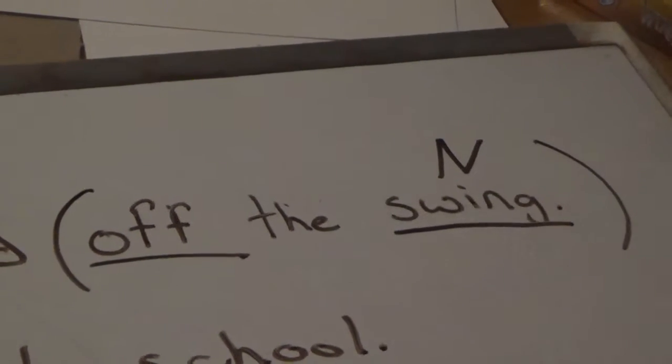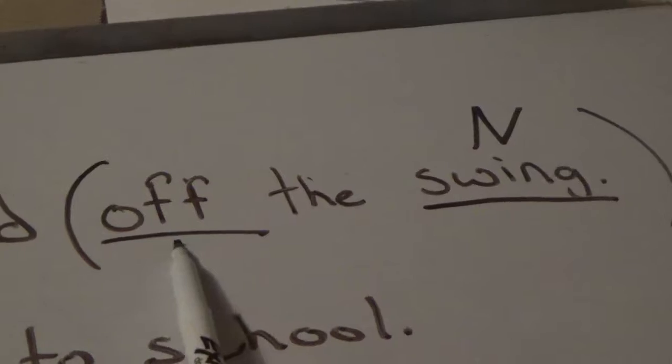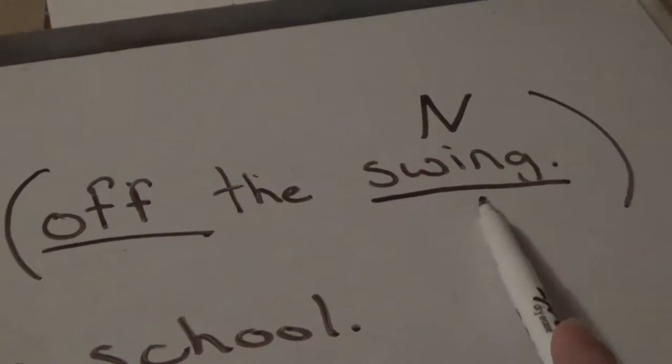And you can say what after the preposition to find the object of the preposition. Off what? Swing. And the other words in a prepositional phrase will just be any modifiers that go with the object of the preposition. So a prepositional phrase starts with a preposition, ends with an object of the preposition, and may have some modifiers between them.